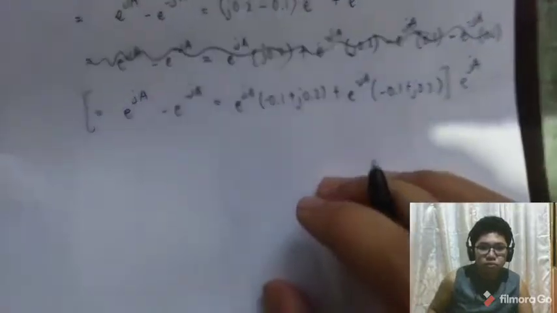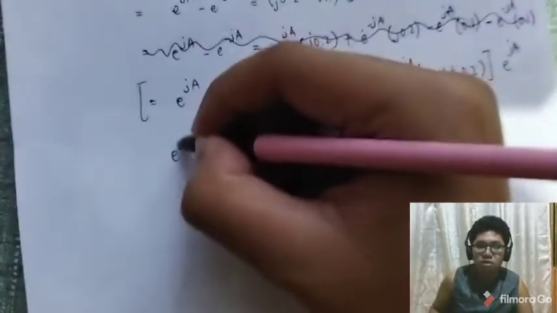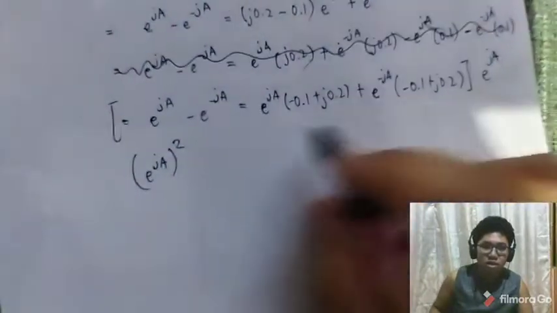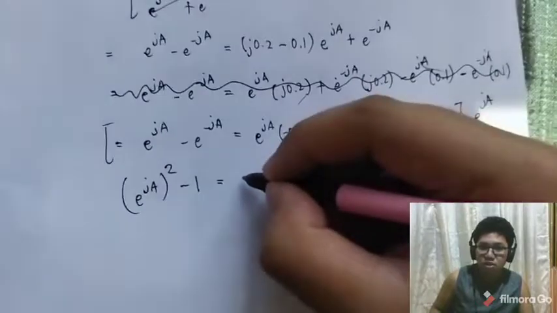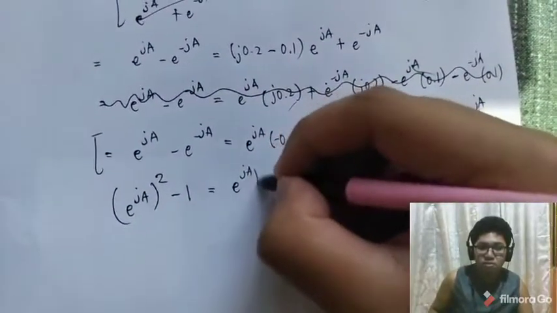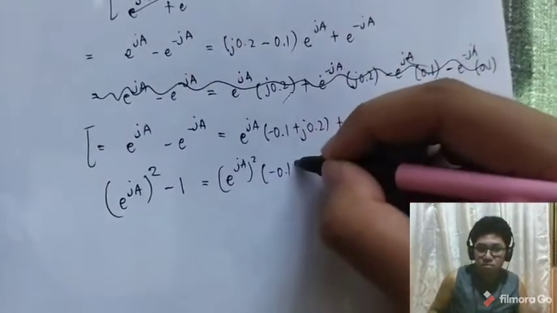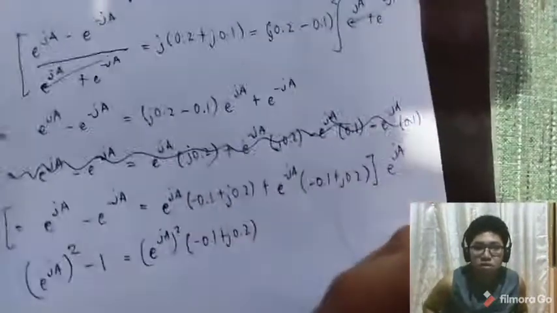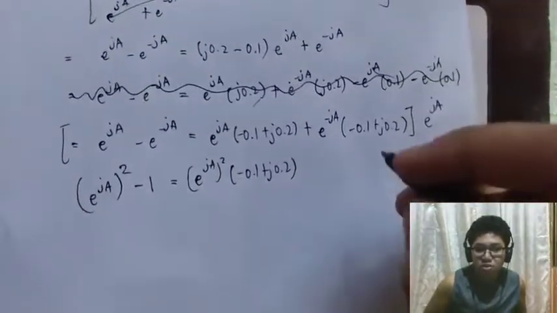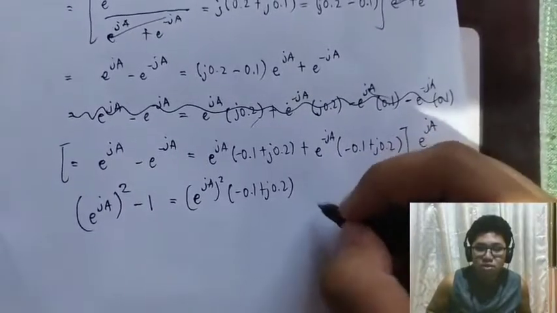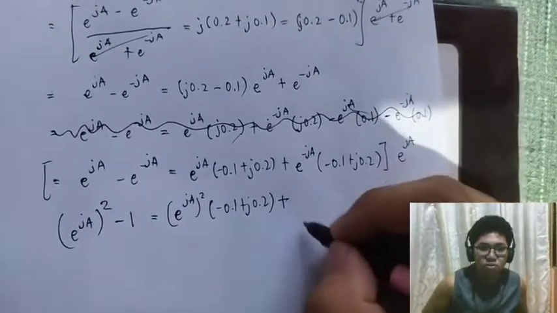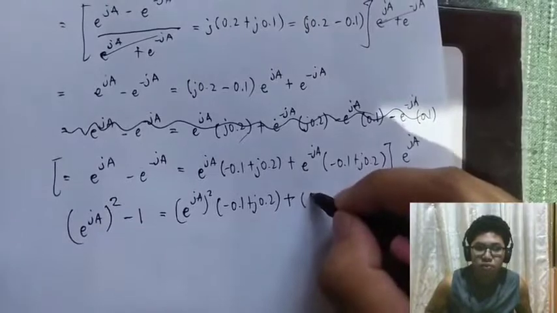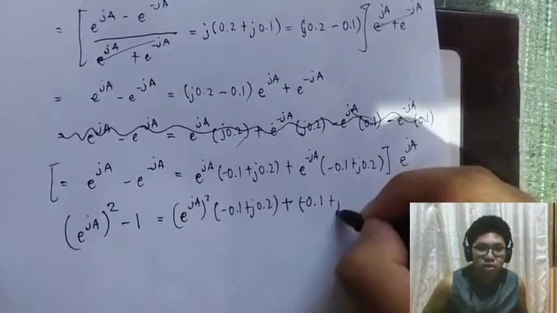Then that would be e raised to ja squared, minus e raised to 0, which is equal to 1, then another e raised to ja squared, plus e raised to 0 equal to 1, times the 0.1 plus j 0.2, which is equal to negative 0.1 plus j 0.2.